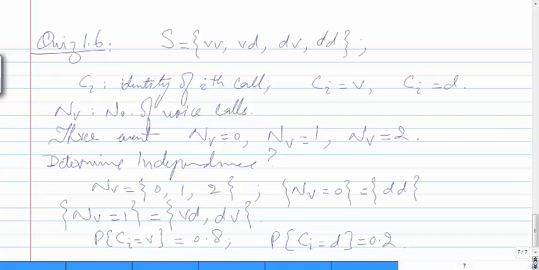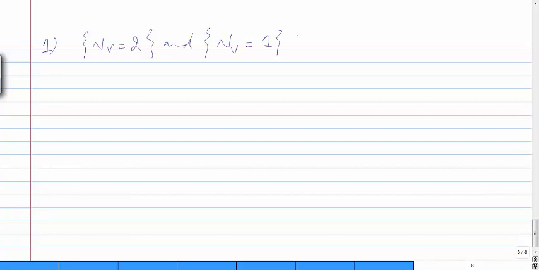Now the first question they are asking is whether the NV equal to 2 event and the NV equal to 1 event are independent. How do we find whether they are independent or not?